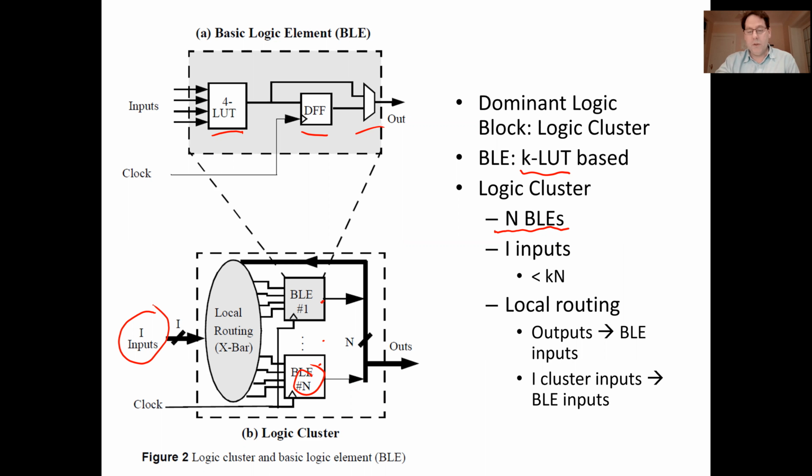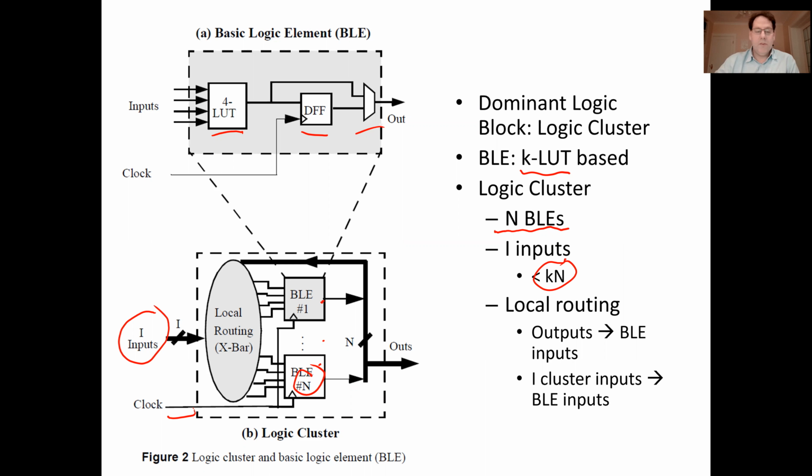So there's no purpose in bringing in more than kn inputs, given that we're bringing the clock in on its own input. But in general, we know that circuits have locality, so we're probably going to wind up reusing some of these inputs multiple times.